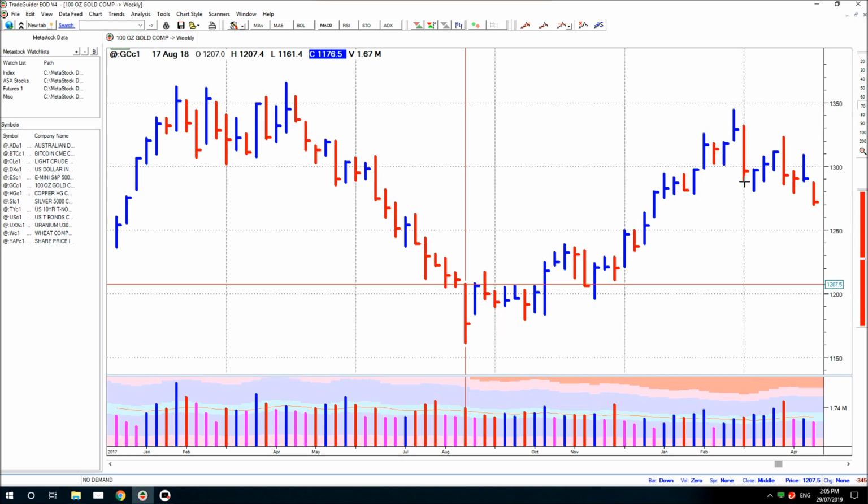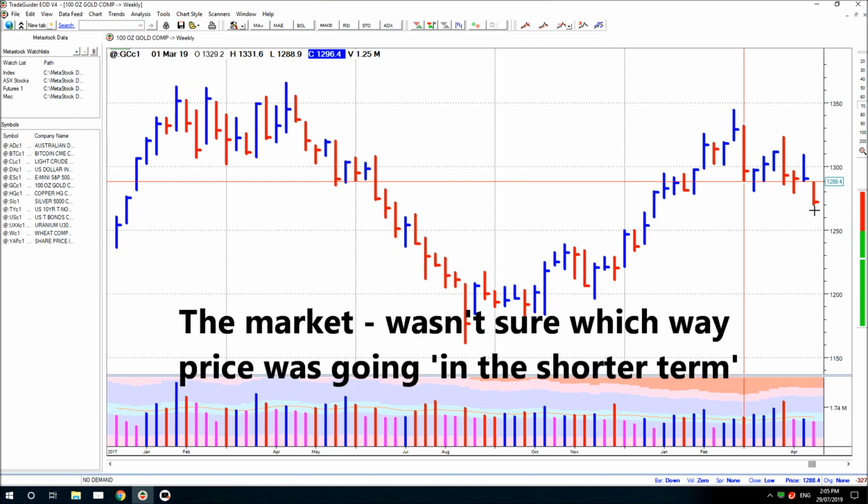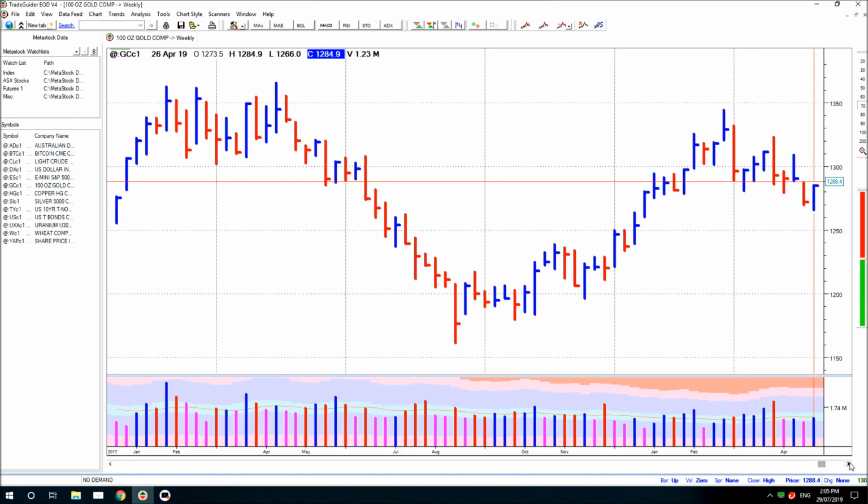Now this one over here, it wasn't a particularly wide spread. Volume wasn't particularly high. This was like an uncertain market that wasn't sure which way we were going. Demand was low, and the normal day-to-day supply in the market has pushed it a bit lower. But I'm not convinced there that the market's going to break down.